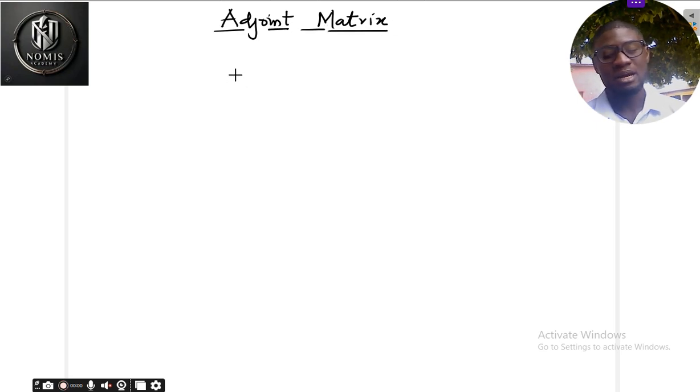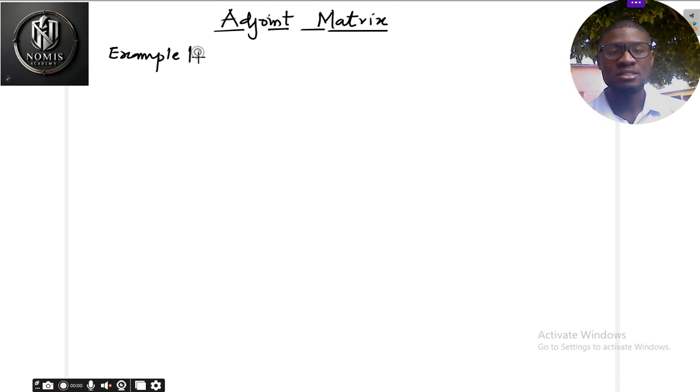Remember, like I said, the adjoint matrix of a matrix is the transpose of the matrix formed through the cofactor of matrix A. Let's take an example, the same example we have been using for minor of a matrix and the cofactor of a matrix, so that we can proceed from the processes of calculation.